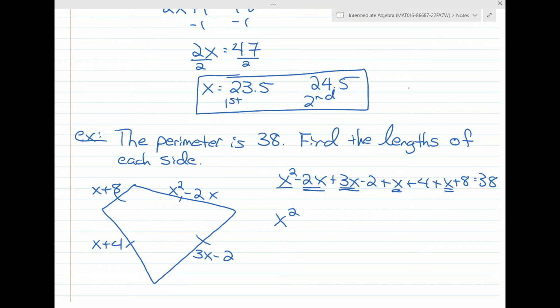So what is that? X plus x is 2x plus x is 3x. Negative 2 plus the 4 is 2 plus 8 is 10. We could bring the 38 on the other side.